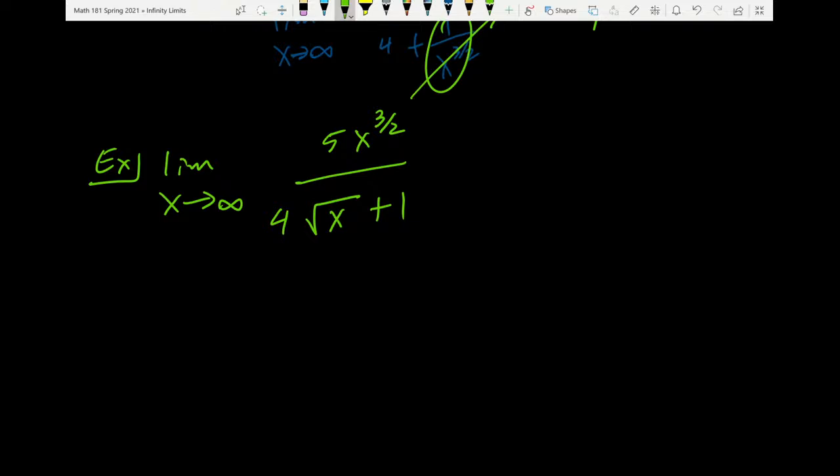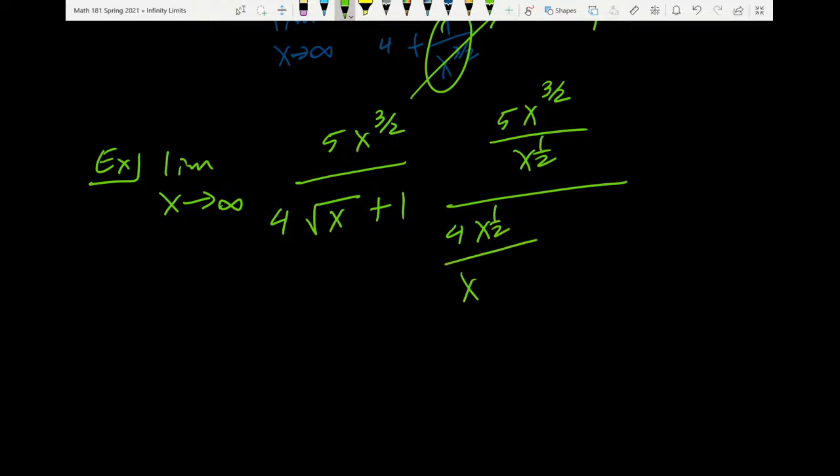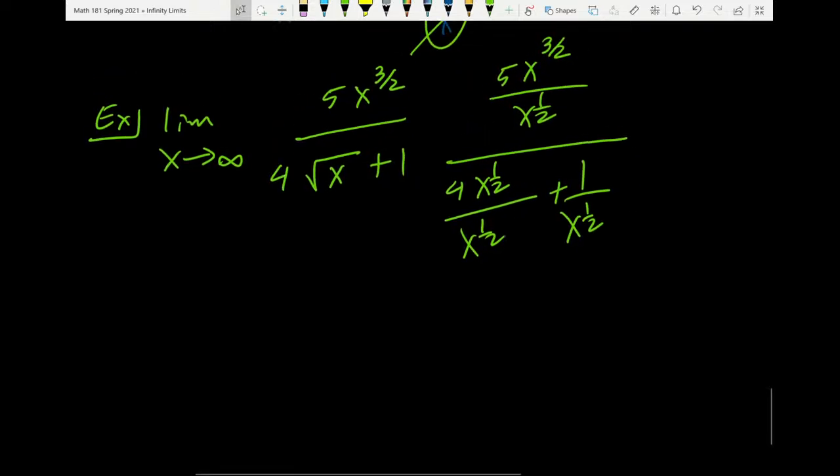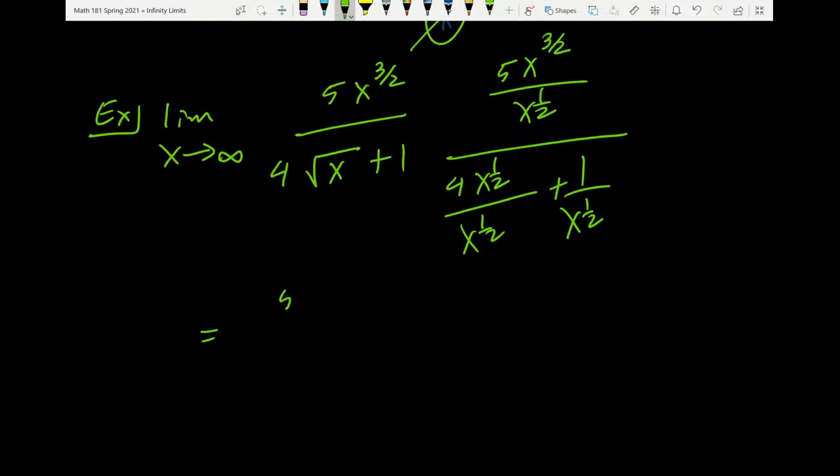All right, so what's the highest degree in the denominator? In this case, it is x to the 1 half. Square root is 1/2. And when you simplify that, you get 5x to the 1 over 4 plus 1 over x to the 1/2.